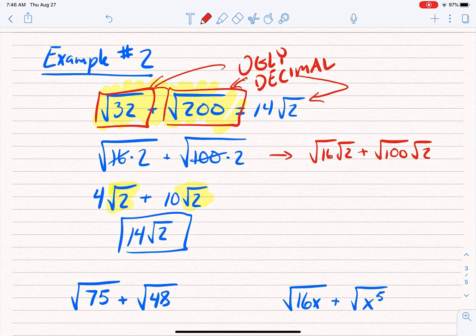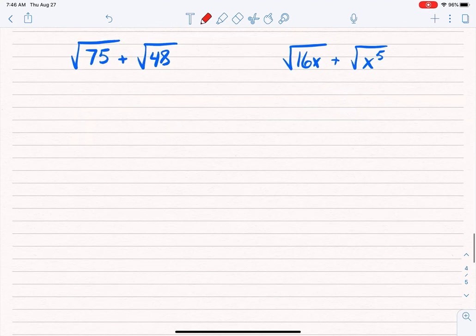I have to do this using my brain, all right? I have to do this by following the properties and simplifying. And so right now, as we look at the square root of 75 plus the square root of 48, don't be tempted to grab a calculator and think that that's going to be an easy way of solving this. It's just going to make it uglier. So go ahead and pause the video right now. I'll give you guys a couple minutes to give this a try, and we'll go over the answers.